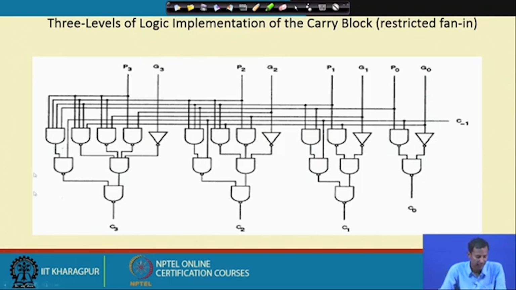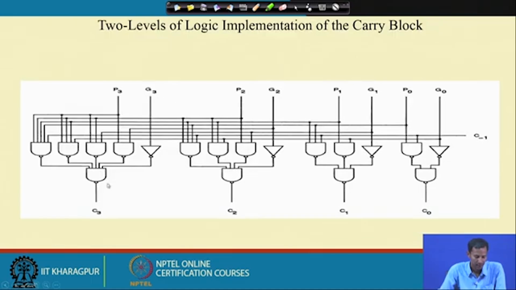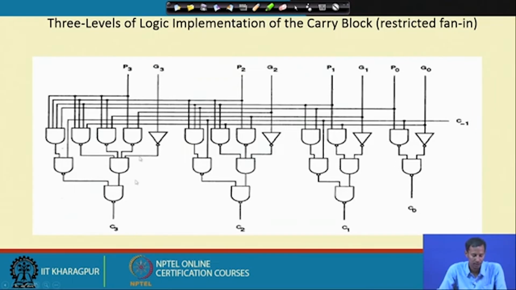Another change: here there were 5 inputs, and I said the fan in is restricted to 4. So this is ANDed first in 4, then NANDed with this to get this. That 4 has now been split into 2 levels.